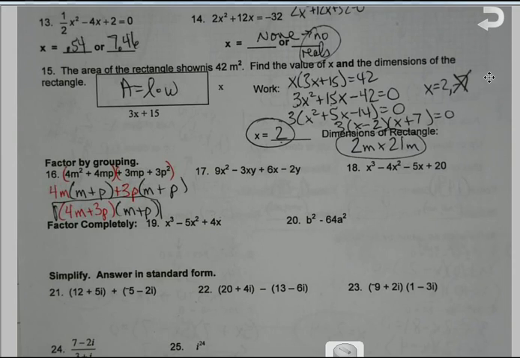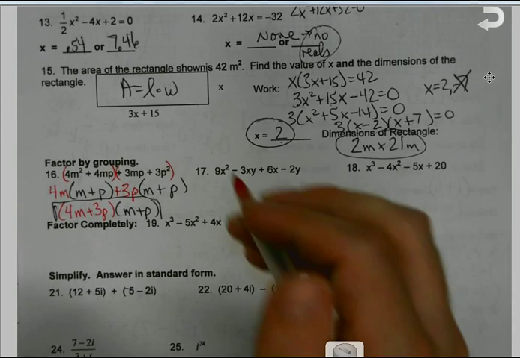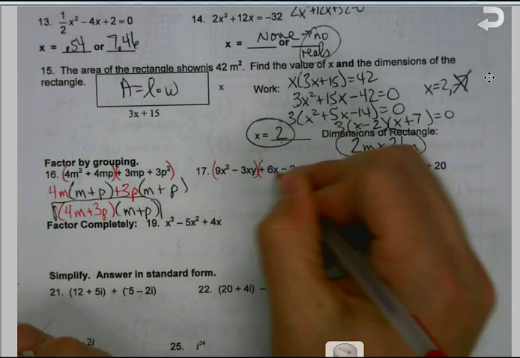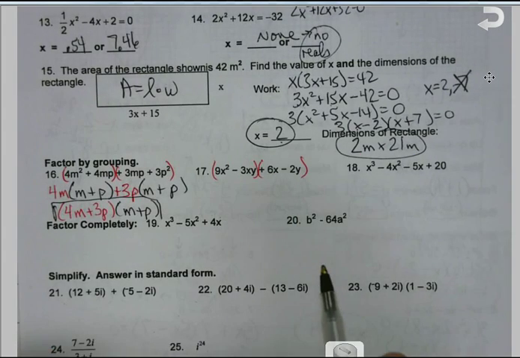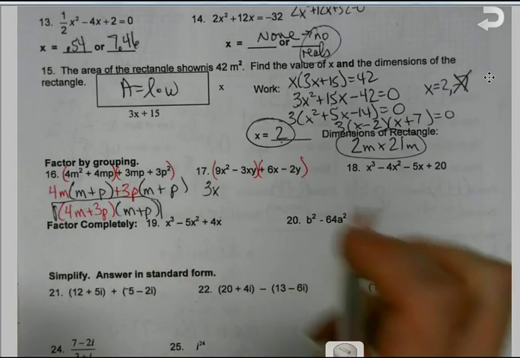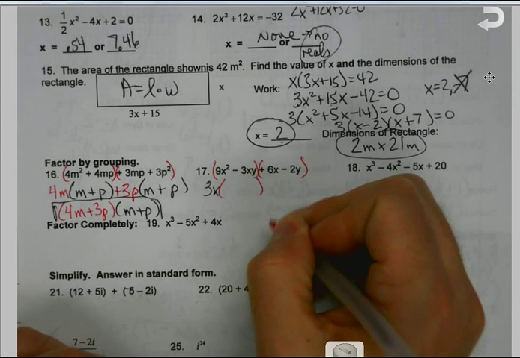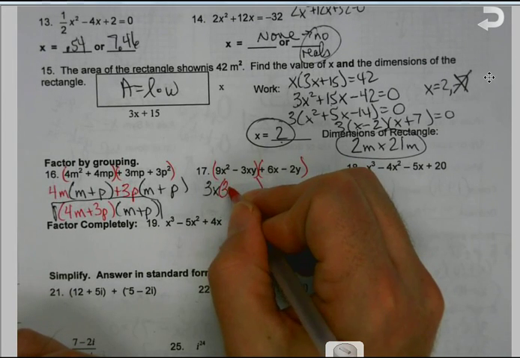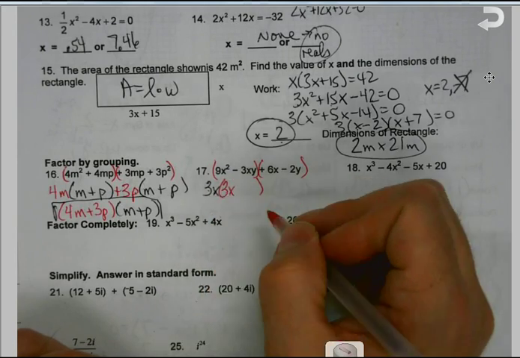Now, sometime could I rearrange them or something if I wanted to? Sure, as long as I don't change the signs. But that's not always going to be necessary. So here I'll pair those off. I can get a 3 and an x out. 3 times 3x times 3x would be 9x squared.